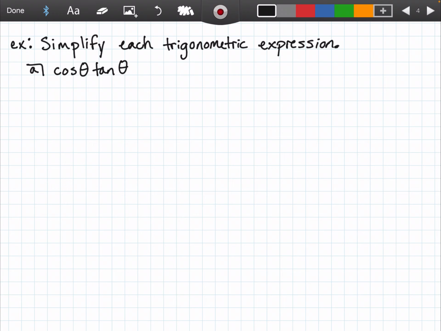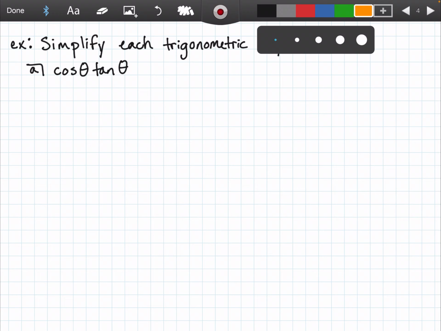Here are my biggest ideas when simplifying, because you're like, how the heck am I supposed to simplify this? I'm going to give you some tips to simplify.